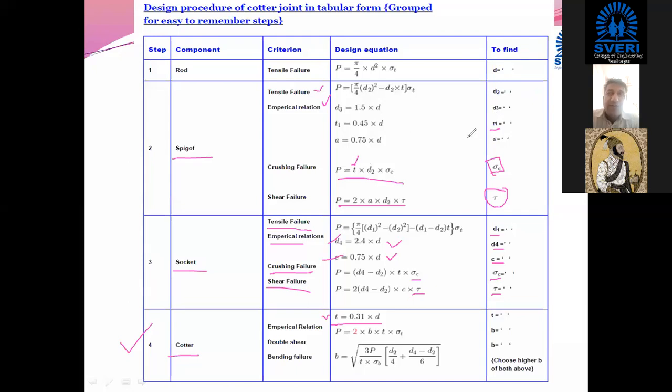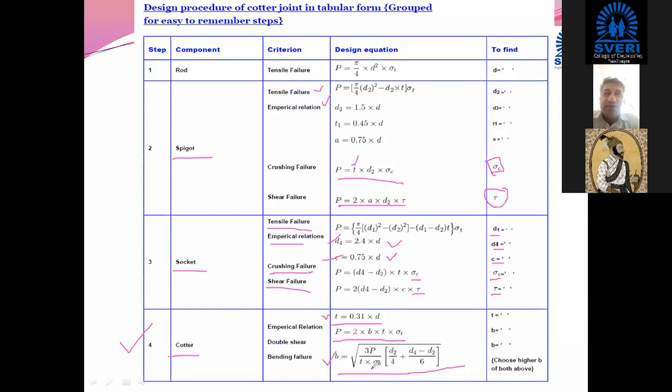T1 is the thickness of the collar, so that cannot be considered here, and T is the thickness of the quarter. From that we have calculated this T. Later we have checked whether it will be sustainable for the tensile stress, where we also calculate D. Then we can calculate this B value, and later that B value is checked for the bending stress.